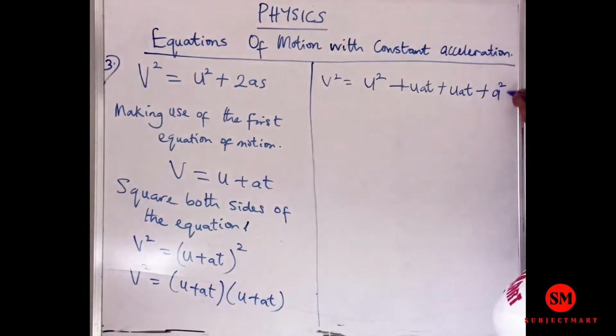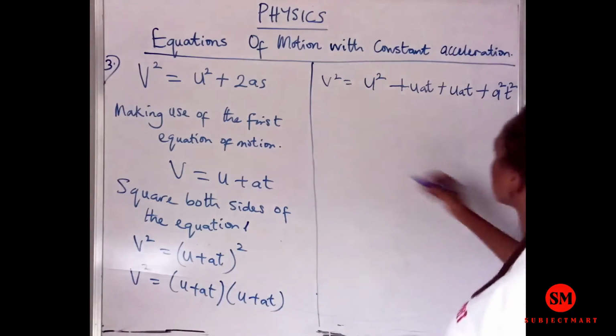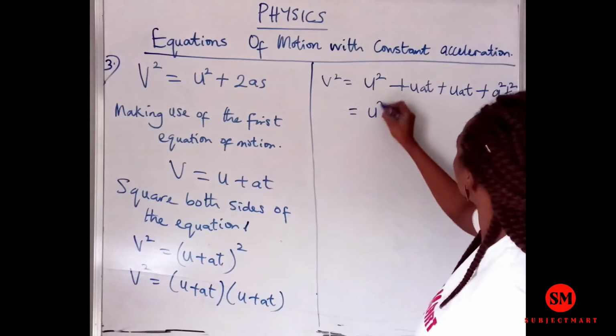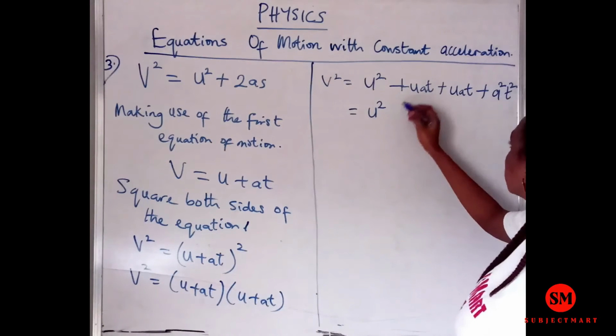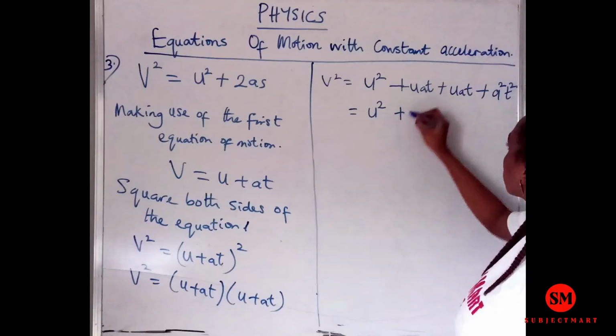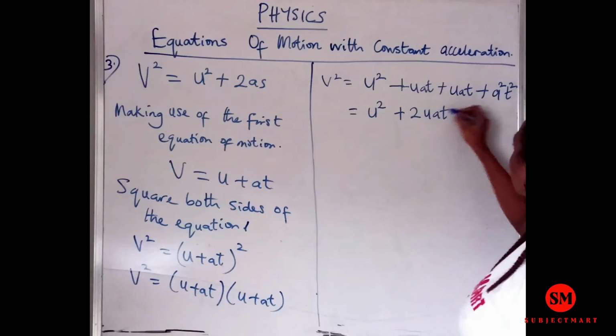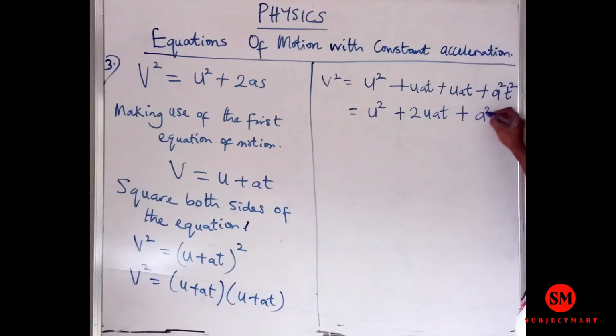That will give us a squared t squared, or at squared. So we have u squared plus 2uat plus a squared t squared.